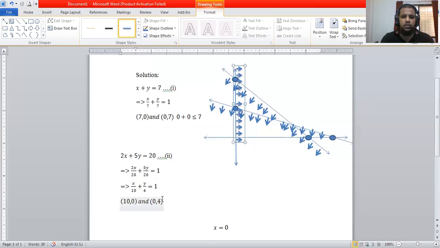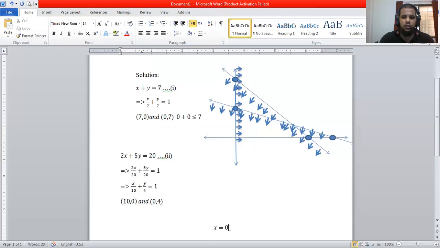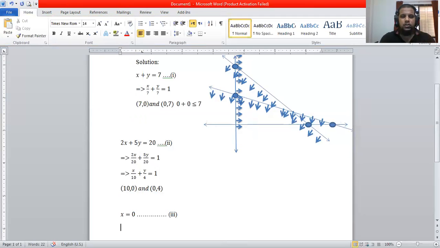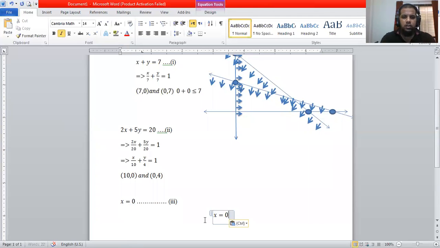And y equal to 0. Next one is y equal to 0, and y equal to 0 is nothing but the x axis.